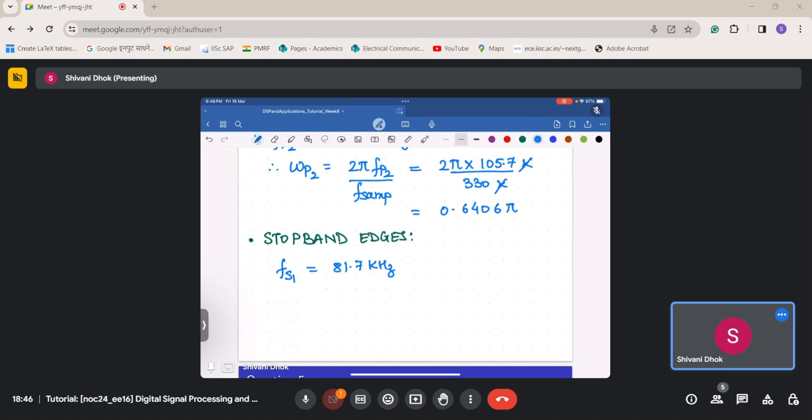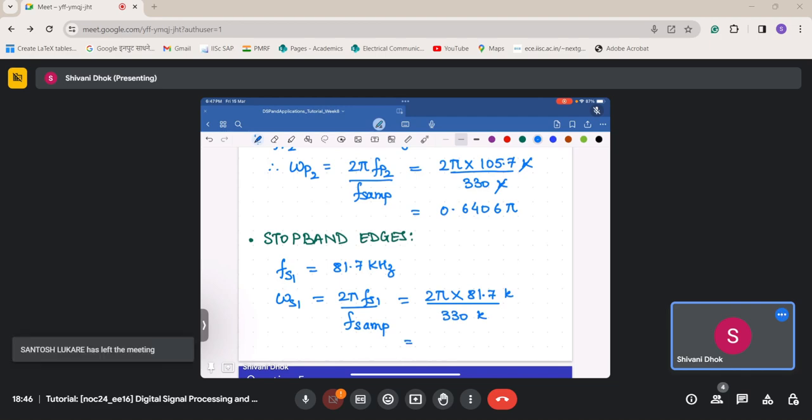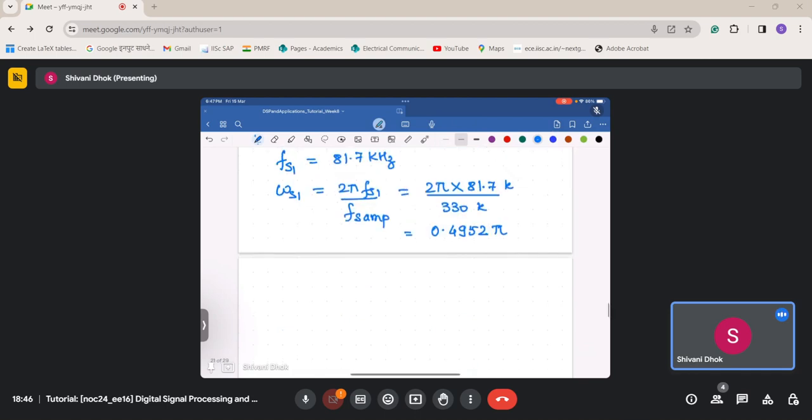So we have omega s1 as 2 pi fs1 upon fsam, which is equal to 2 pi into 81.7 kilohertz upon 330 kilohertz. If you use your calculators, this comes out to be 0.4952 pi. This was for the first stop band edge.